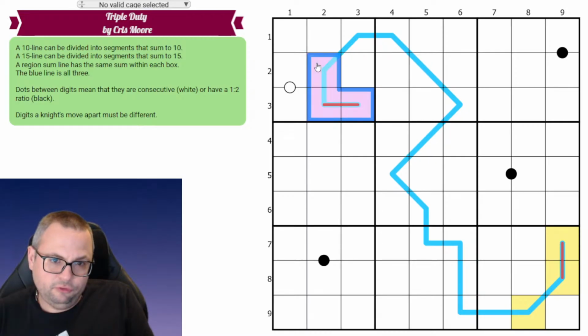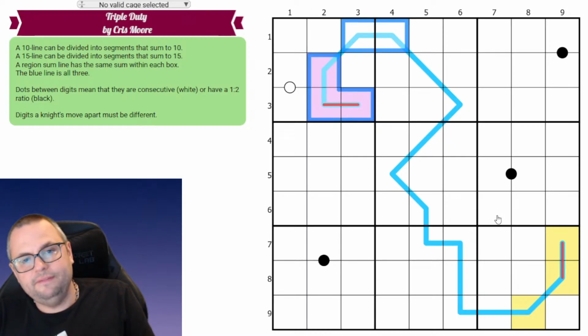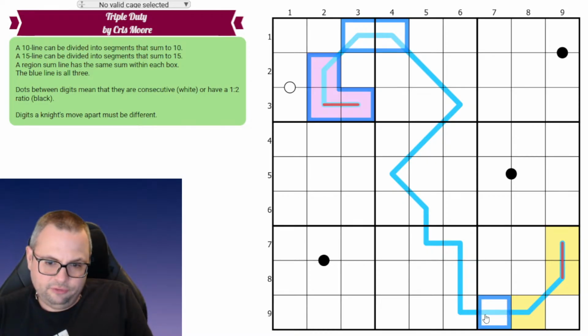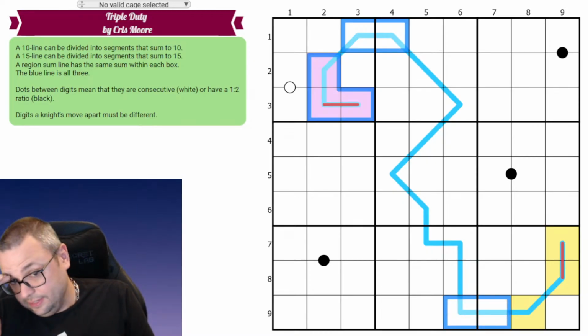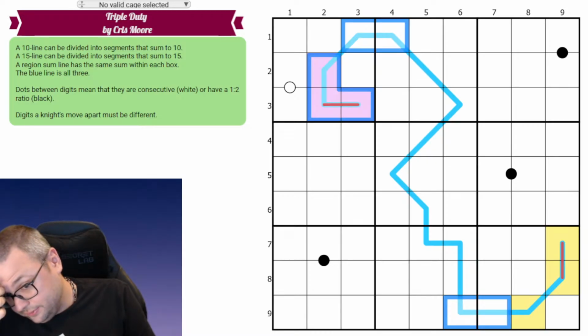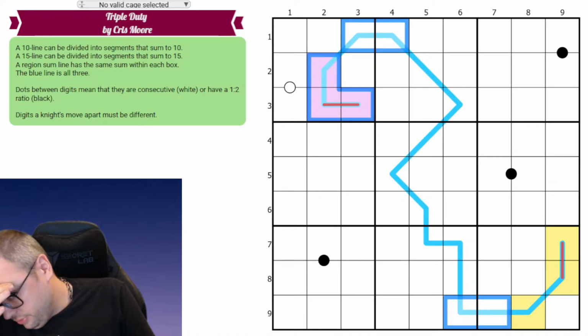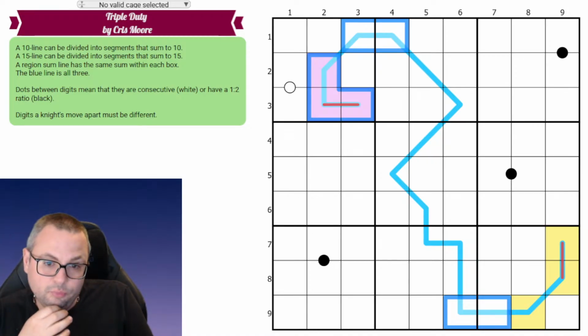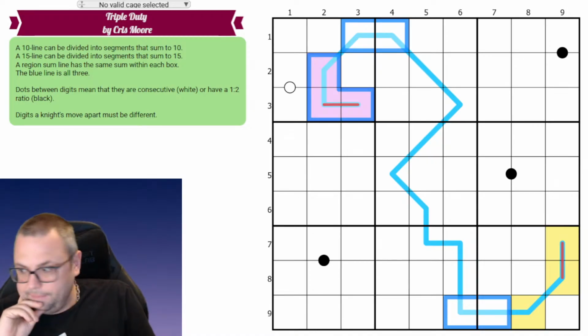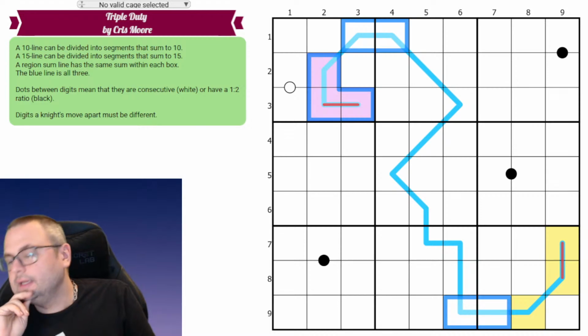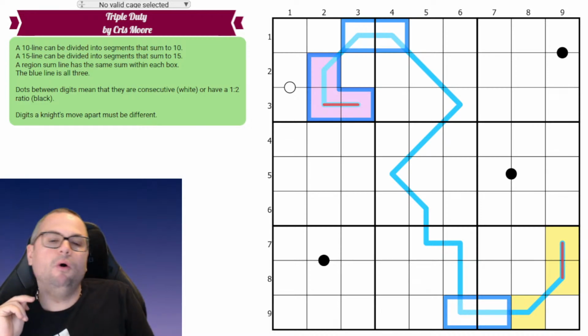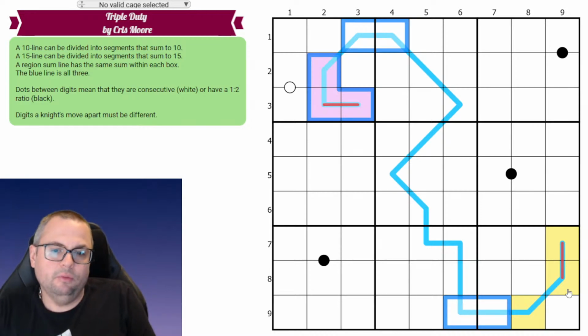If the sum is 12, then my 15 sum has to extend like that out of the box with a 1, 2, or 3 there, and that feels weird. It would mean the whole line summed to only 40.